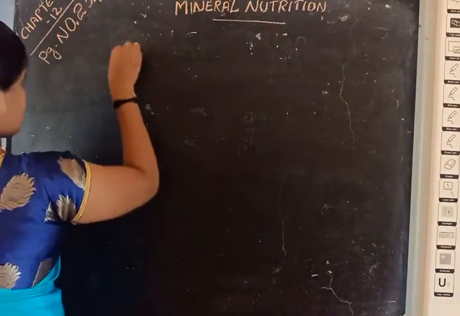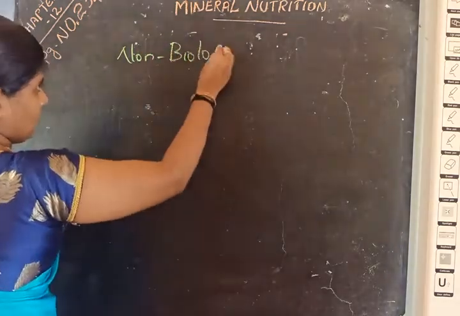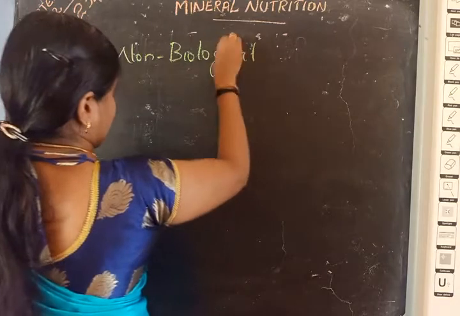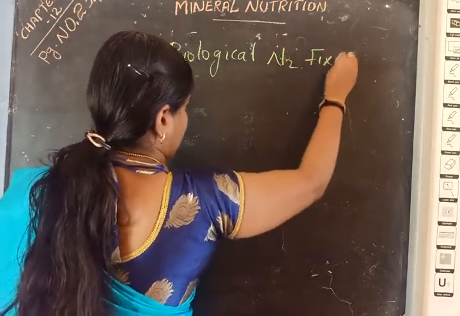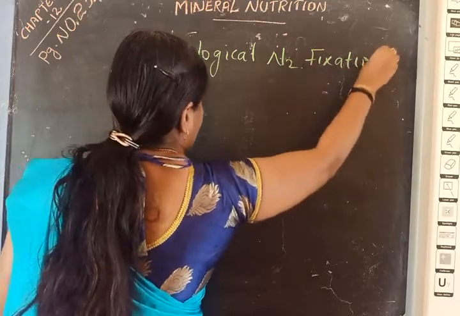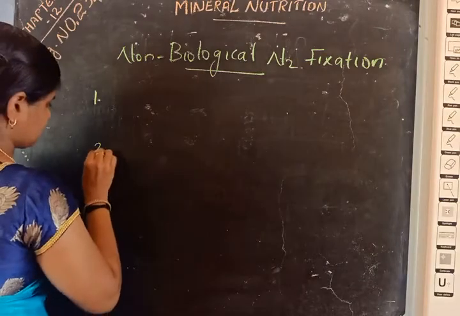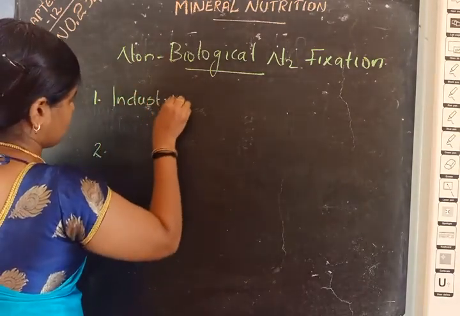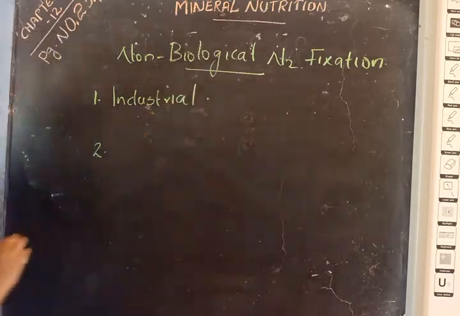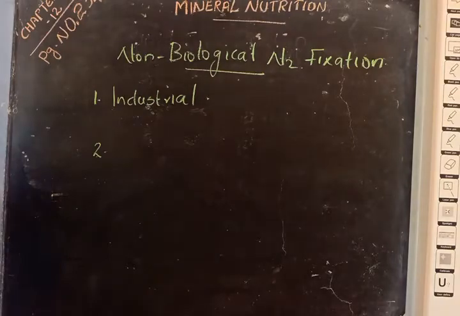Now we can go to the detailed non-biological nitrogen fixation. First one, industrial. Industrial is nothing but the conversion of atmospheric nitrogen into ammonia.